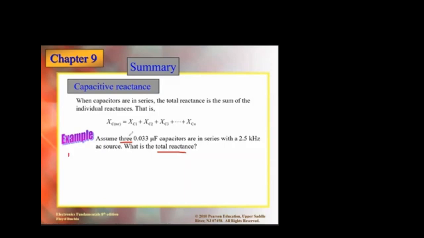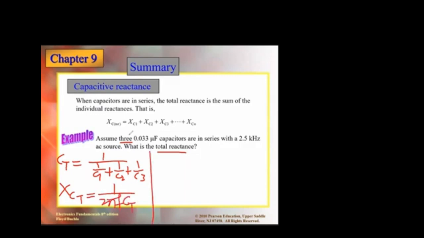So you can use this formula: the reciprocal of the sum, 1 over C1 plus 1 over C2 plus 1 over C3. After getting this, XCT is going to be 1 over 2 pi f CT. Is this formula clear?